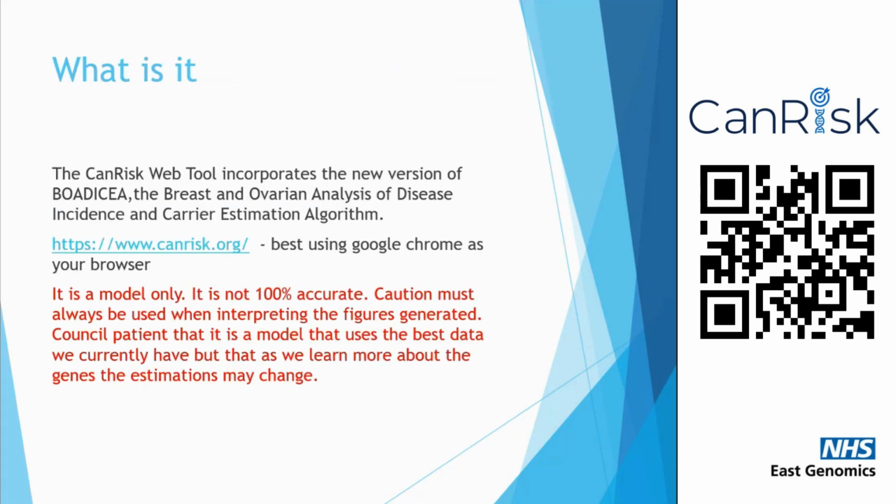So what is CanRisk? It's a web-based tool. You can just request a login for it with an NHS web address email account. It uses the new version of BODICEA, the breast and ovarian analysis of disease incidence and carrier estimation algorithm, in order to try and establish people's risk of developing breast cancer given certain scenarios.